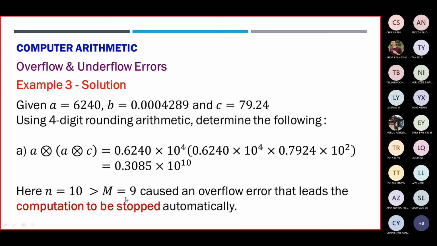When you run your program, at a certain point the computer or the simulation will stop. This is what we call an overflow error. Always remember, guys.